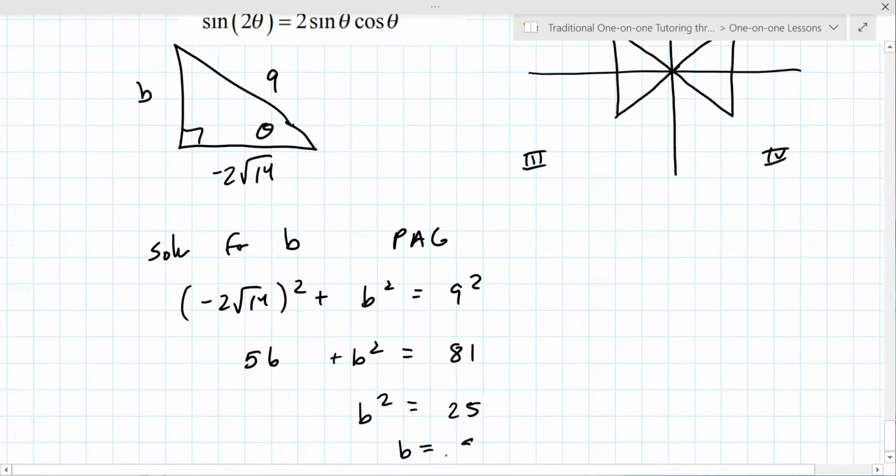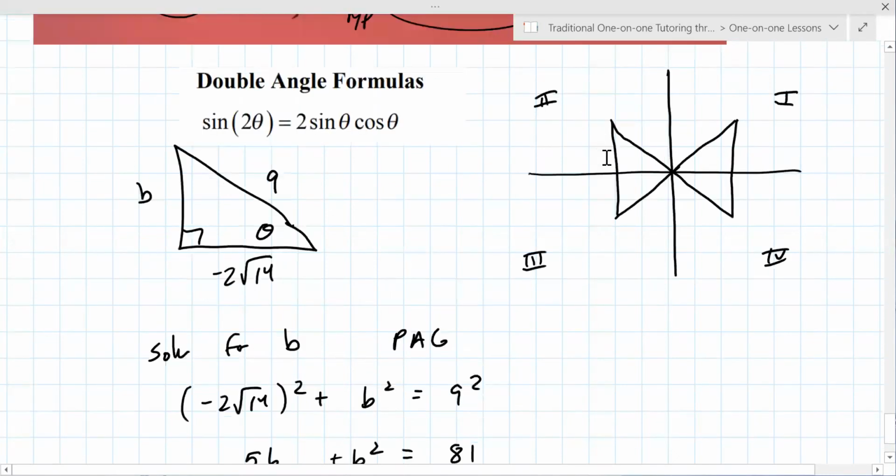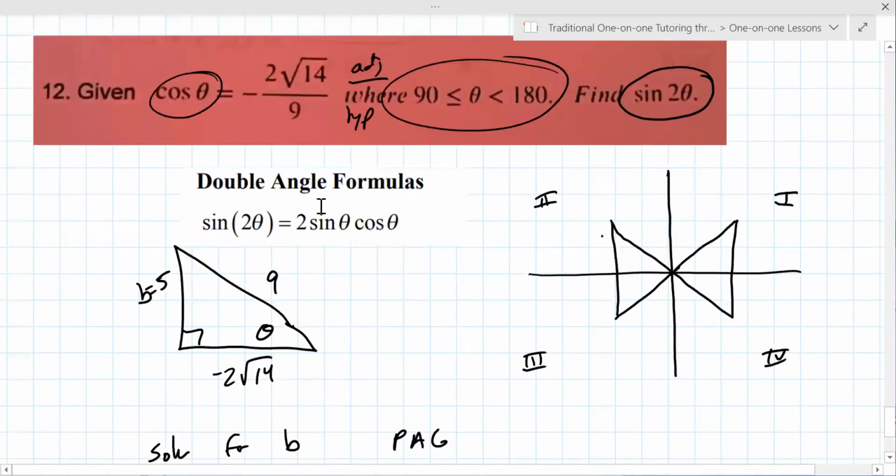It could be plus or minus 5, actually. So you go back to your drawing and think, if I'm in this quadrant, am I going up or down? That tells me whether it's positive or negative. So this is 5. Why do you need all that? Because you need sine. You have cosine, it's given, but you need the other one.